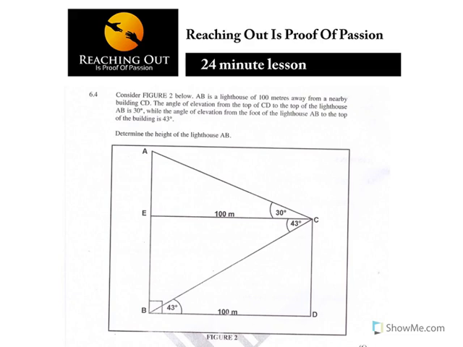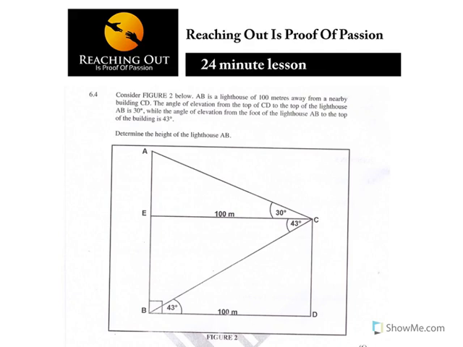Now the next question that they are bringing, as you can see, says consider figure 2 below. AB is a lighthouse 100 meters away from a nearby building CD.